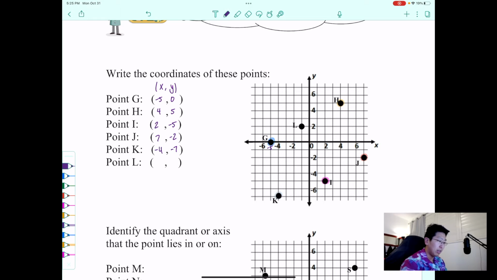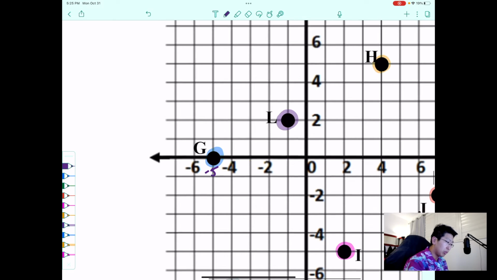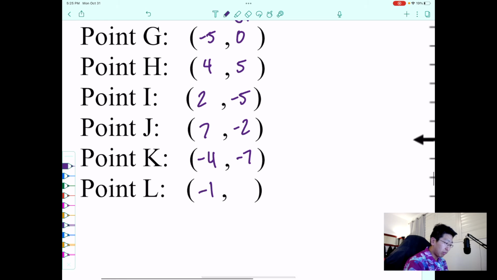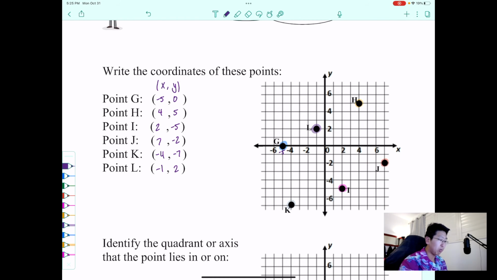-4, -7. Last one, last but not least, let's use purple since we haven't used it for L. X value, we always start with the x value first. It's at -1, and then you go up to -1, 2. And so those are my coordinates.